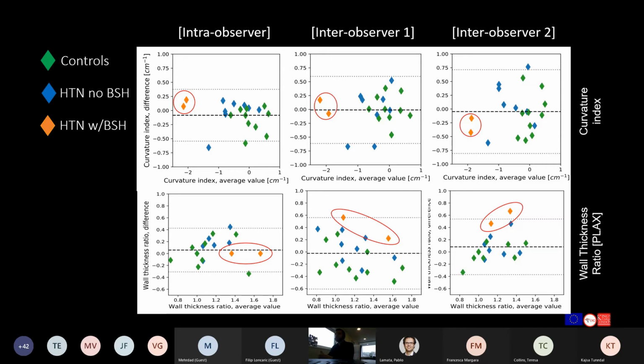Depending on which observer would perform the measurements, the number of the BSH patients could be diagnosed or not diagnosed with the BSH, depending on the threshold for the wall thickness ratio.